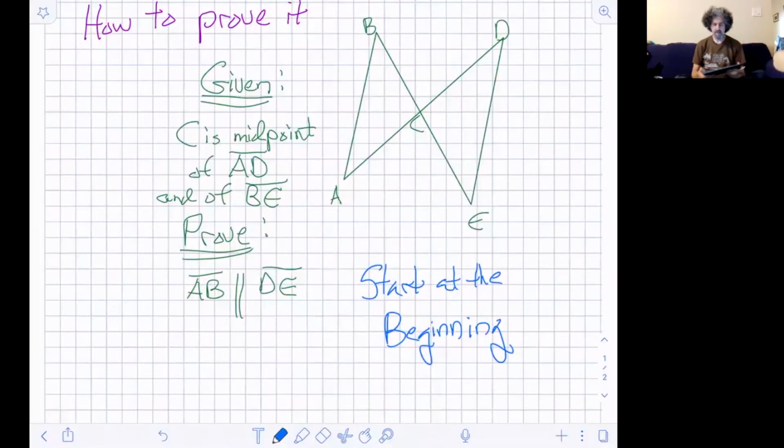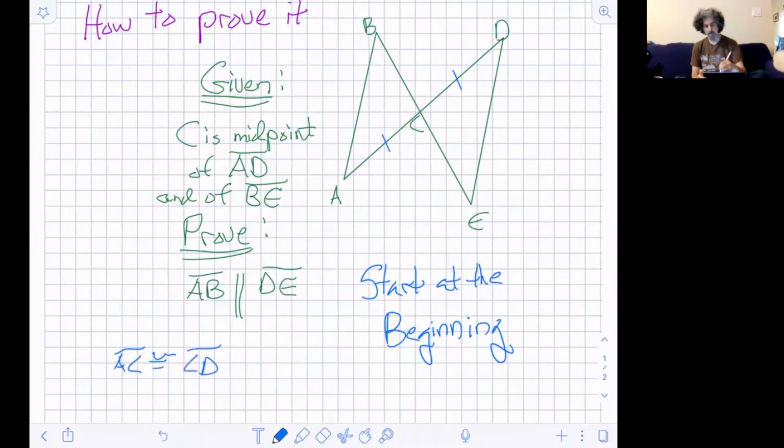Starting at the beginning means looking at the givens and seeing if there's anything we can deduce from that. For example, what is a midpoint? A midpoint means that this point C is cutting these other two lines exactly in two. So one thing I can do is say that AC must be congruent to CD.